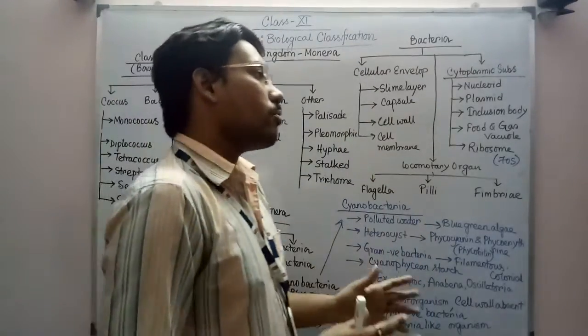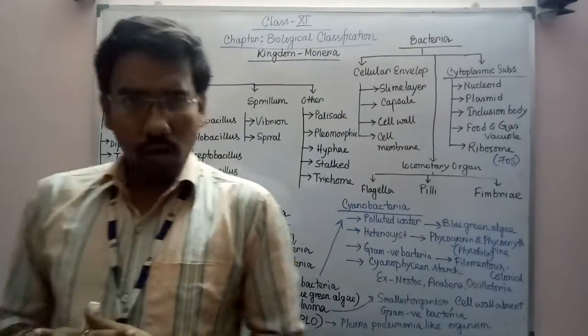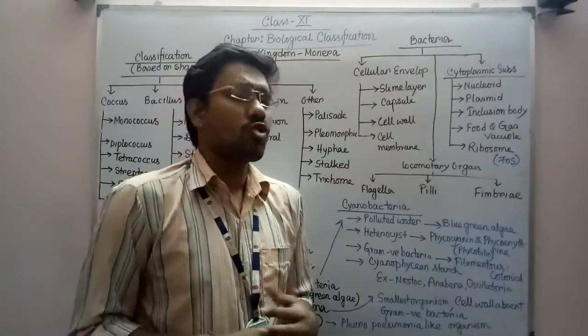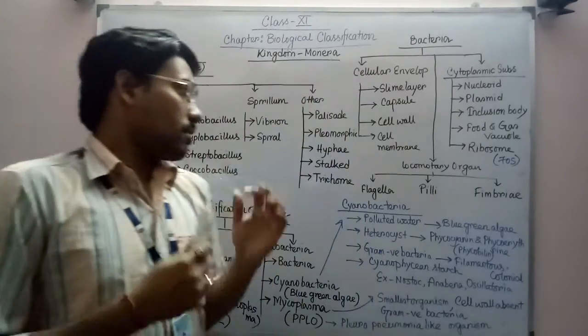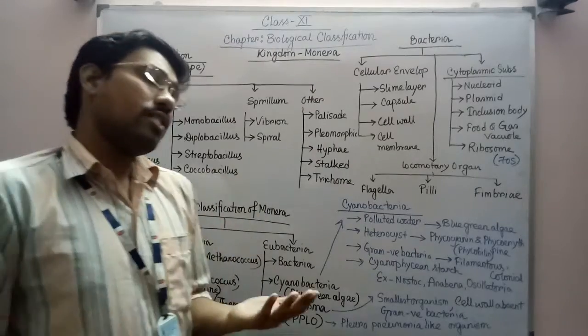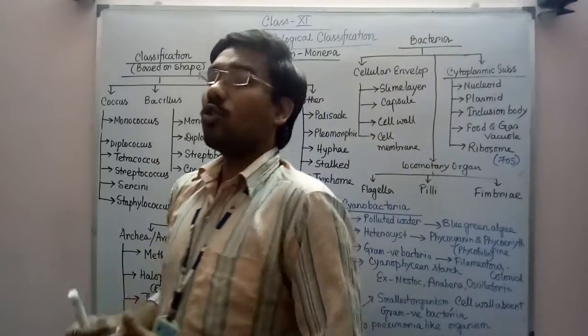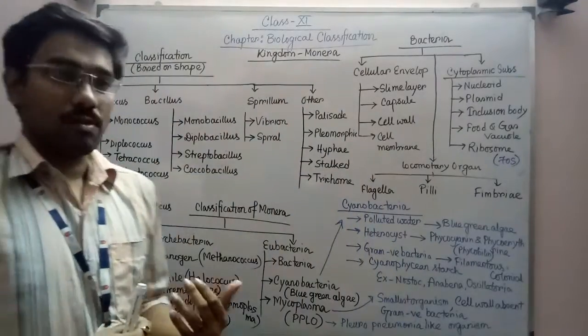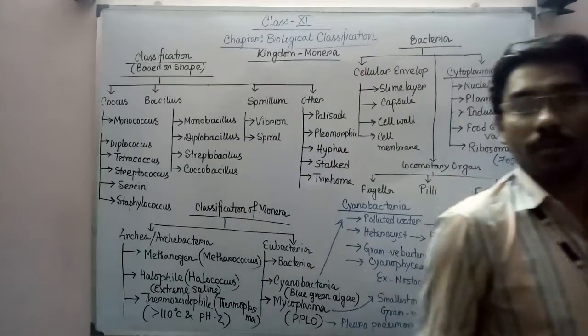Commonly, pili and fimbriae are responsible for the sexual mode of reproduction, because during sexual reproduction two bacterial cells adhere to each other with the help of pili and fimbriae. They also help during the locomotory mechanism. So for that reason, pili and fimbriae are also helping with locomotion.